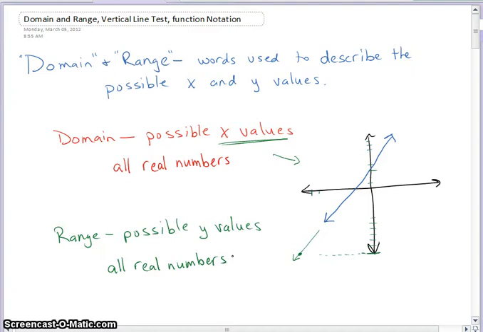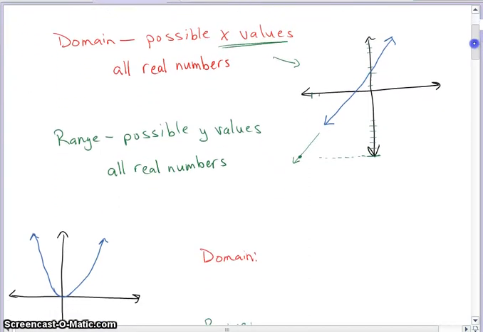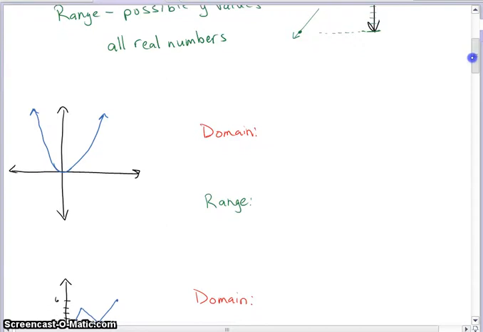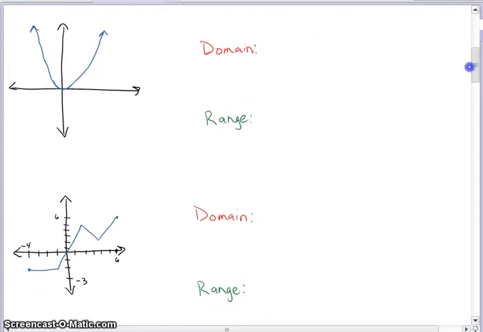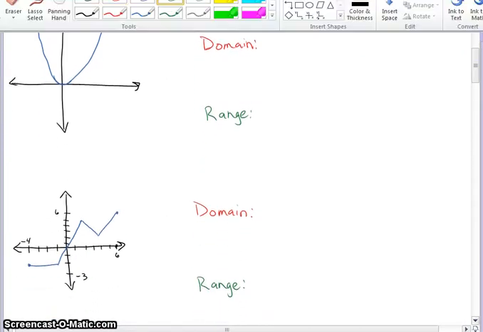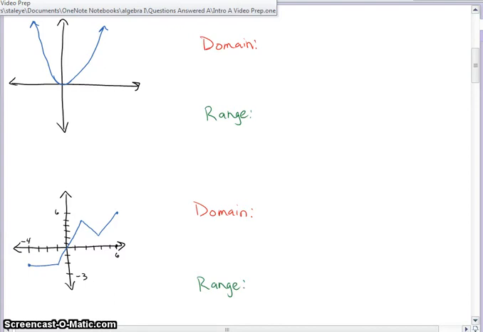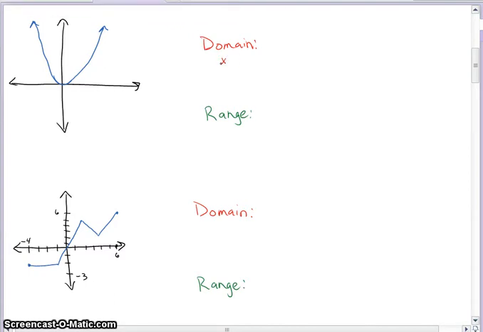That's not always the case though. So let's look at something that doesn't have all real numbers. Okay, starting with this parabola. The domain, remember the domain is the x values. So I'm thinking to myself, starting down here, what are the possible x values? Will there be a point on the graph for all of these little x values?